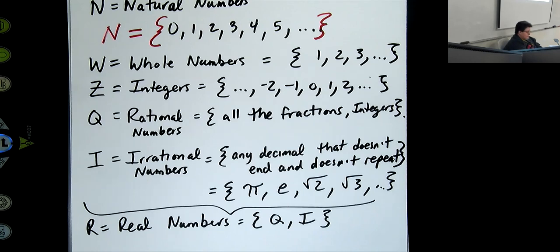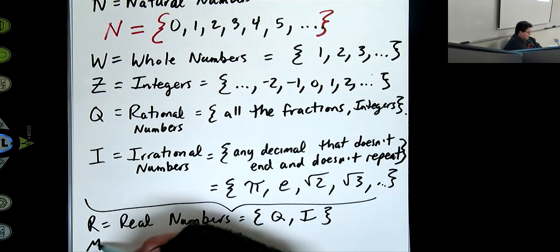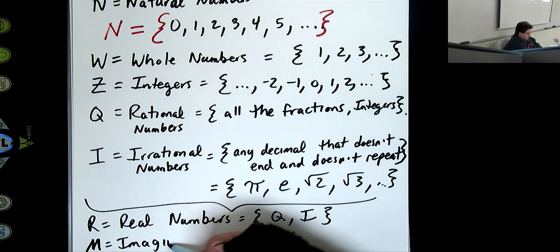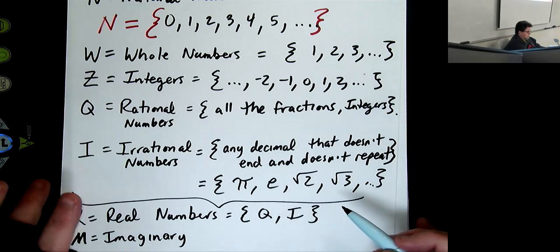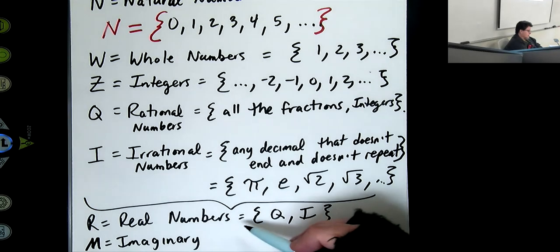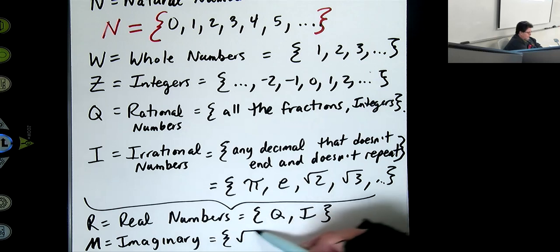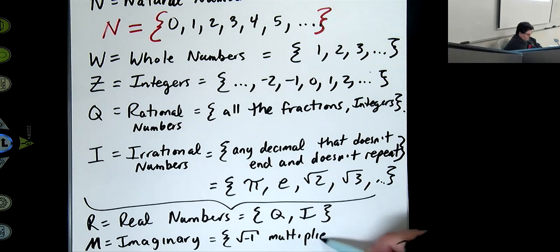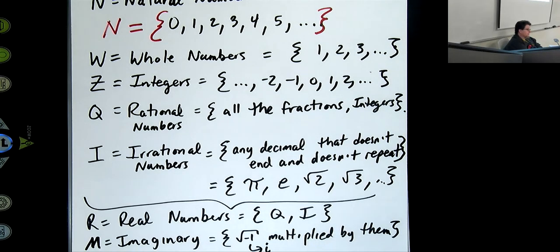We call them real numbers because two other groups we have are the imaginary numbers. They use M for imaginary. These all have the square root of -1 multiplied by them. The square root of -1 goes by the letter i for imaginary.